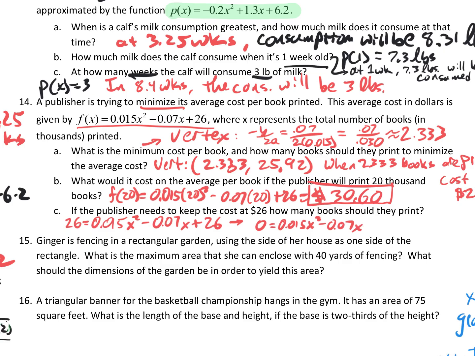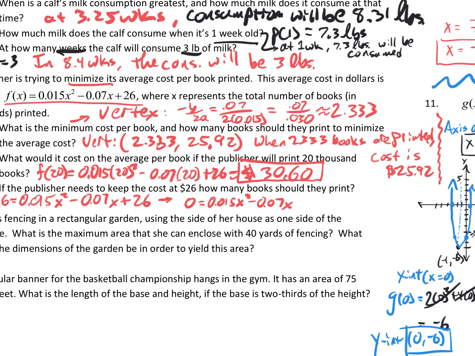And you can solve this by either factoring, factoring out an x, or using the quadratic formula. Just use a 0 for the c value. And for the sake of time, because this is getting kind of long, I'm just going to let you do that quadratic formula. You should end up with 5,000 books.